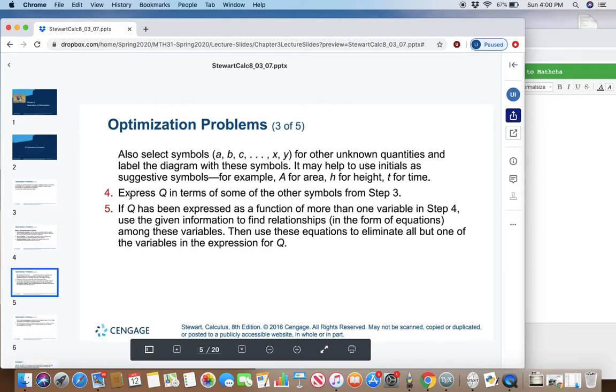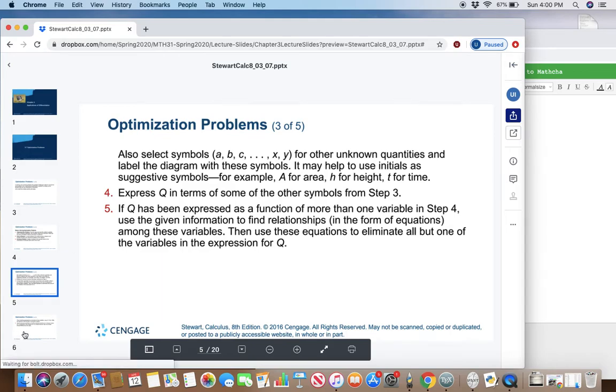All right. Now express your quantity Q in terms of some other symbols. If Q has been expressed as a function of more than one variable, use the given information to find relationships among those variables. Okay. See, the point is whatever quantity you wish to maximize or minimize, make sure it is defined in one variable. If there are more variables, look for some relationships among them.